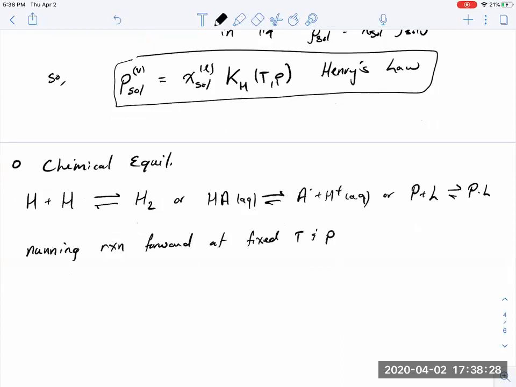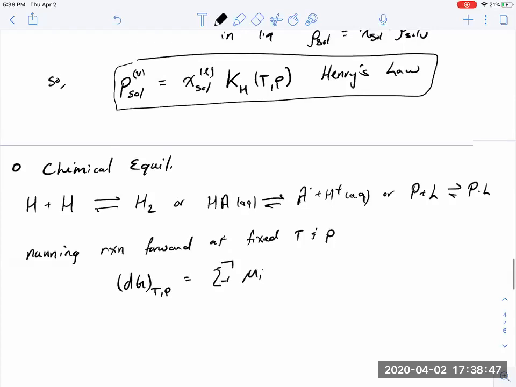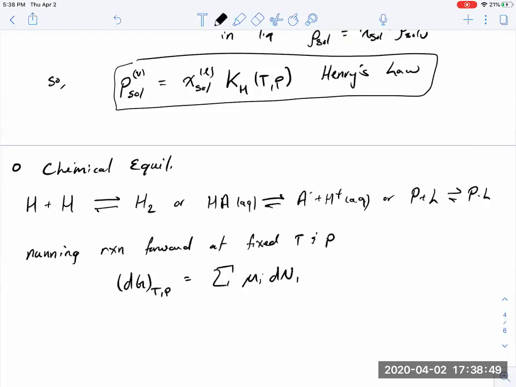If I'm working with fixed temperature and pressure and I'm letting N fluctuate, the natural thermodynamic variable to think about is the Gibbs free energy, which is a natural function of temperature, pressure, number of particles. At fixed temperature and pressure, the Gibbs free energy change is just given by a sum of the chemical potentials of each species times how their numbers change.